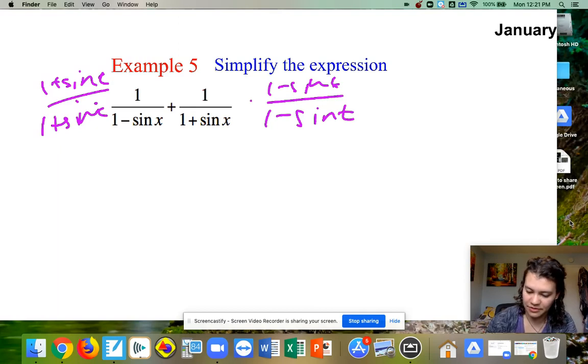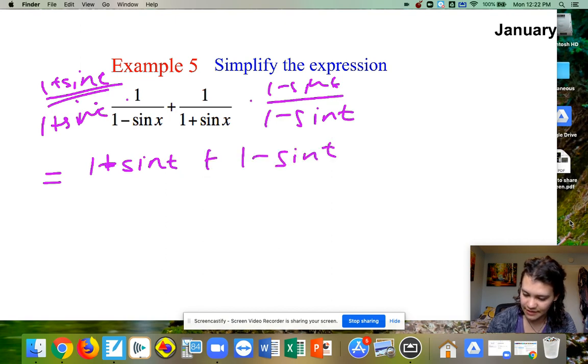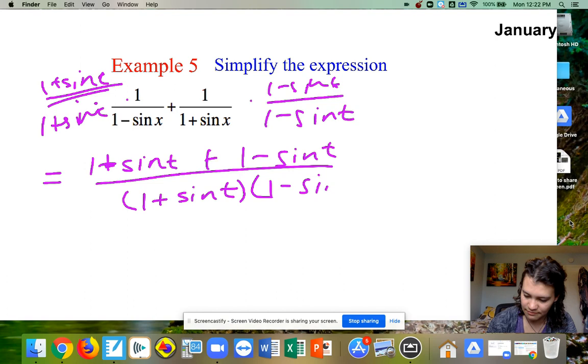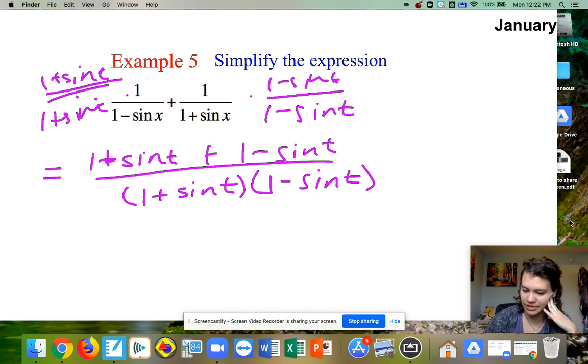So if you multiply that out, 1 times this, we're going to get 1 plus sine of t on top, and then plus 1 minus sine of t. On the bottom, 1 plus sine of t times 1 minus sine of t. We're all in one fraction now.